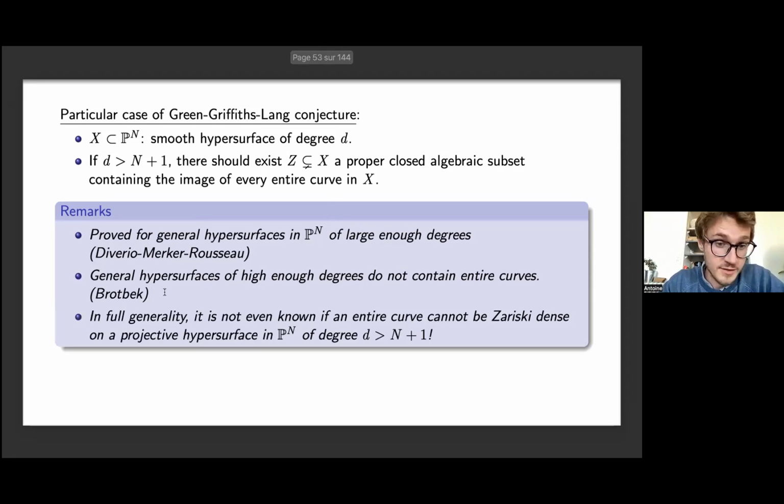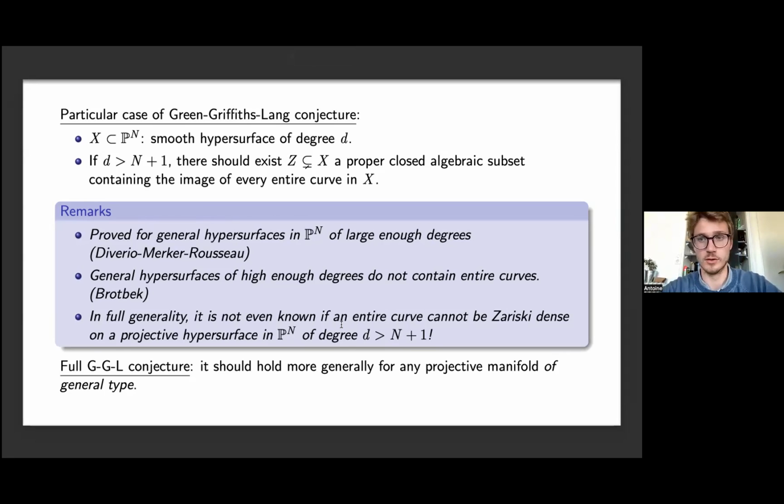And in full generality, we are quite far from the conjecture, as it is not even known that an entire curve cannot be Zariski dense. Because of course, if this conjecture is true, the first very simple corollary is that if you take any entire curve, its Zariski closure cannot be the whole space. And even this statement is not known.